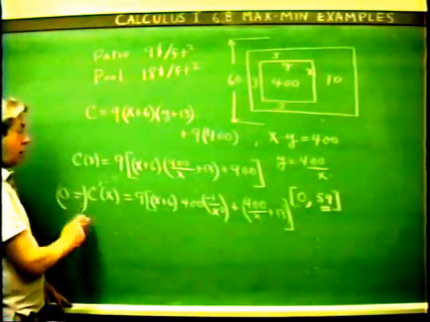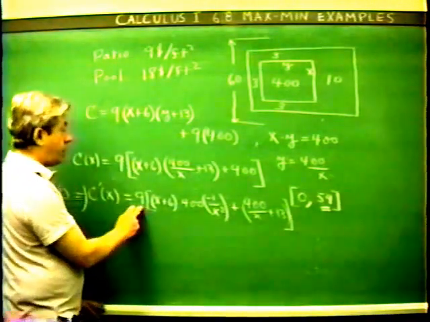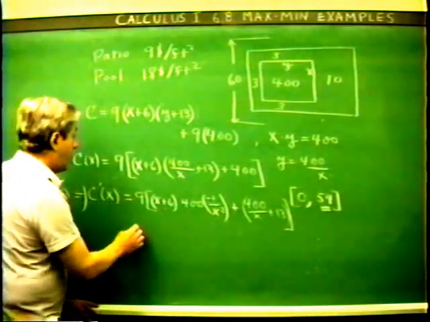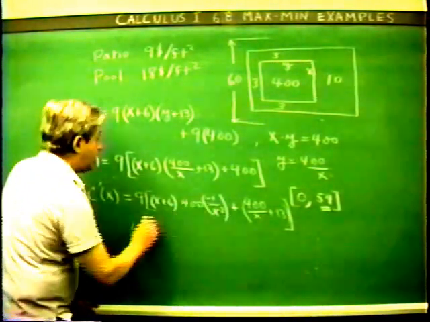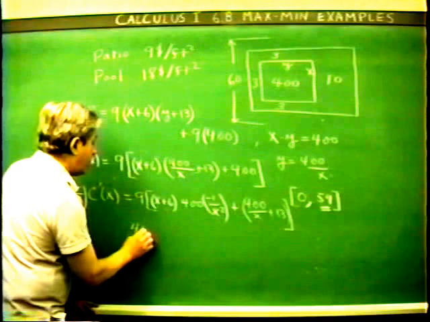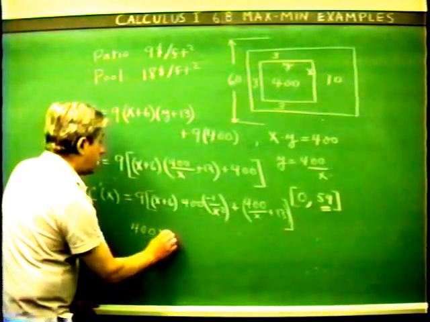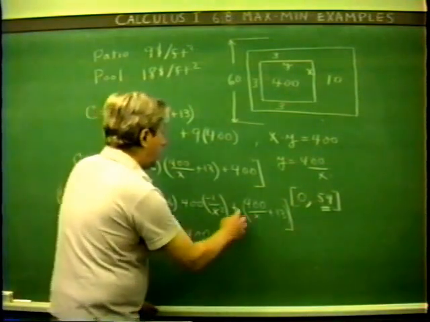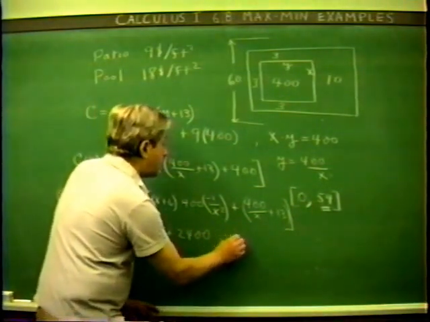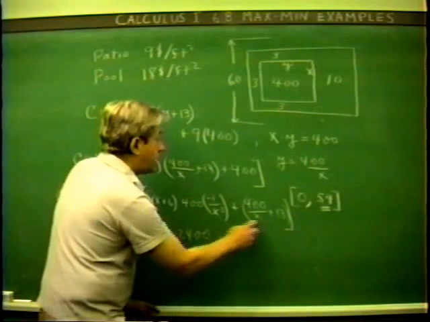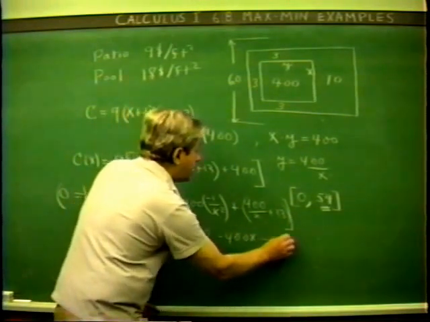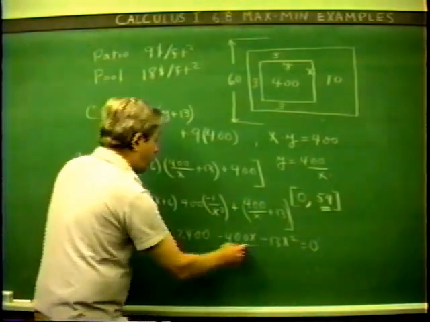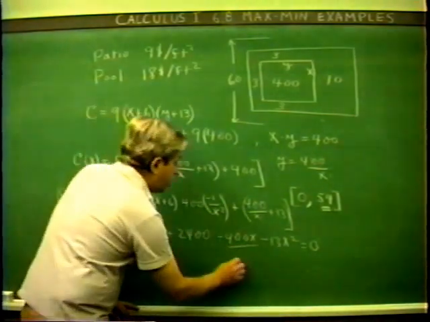Now we want to find out when this is equal to 0. We can forget about the 9 here and multiply this through by x squared, in which case, let's multiply it by minus x squared. It's going to be equal to 0 when 400x plus 2400 minus 400x, multiplying by minus x squared, minus 13x squared is equal to 0.